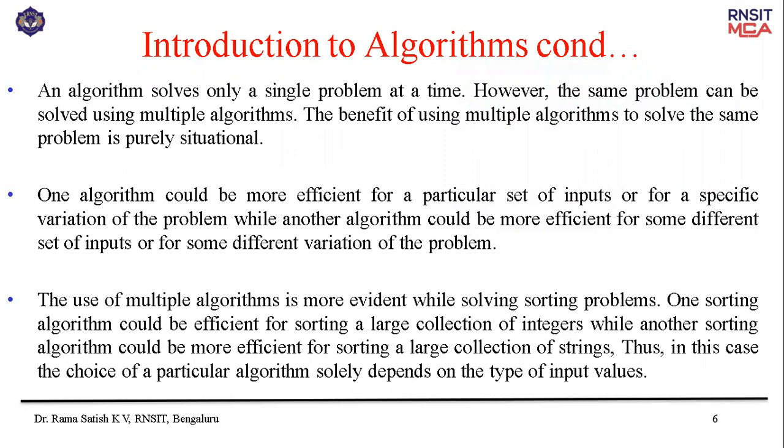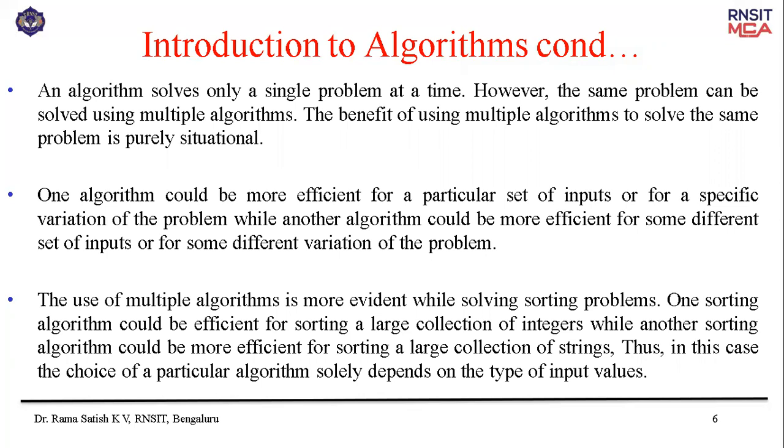However, a problem can be solved using multiple algorithms. So normally for a problem, there are multiple solutions from different algorithms. Of course, the benefit of using multiple algorithms to solve the same problem is purely situational.